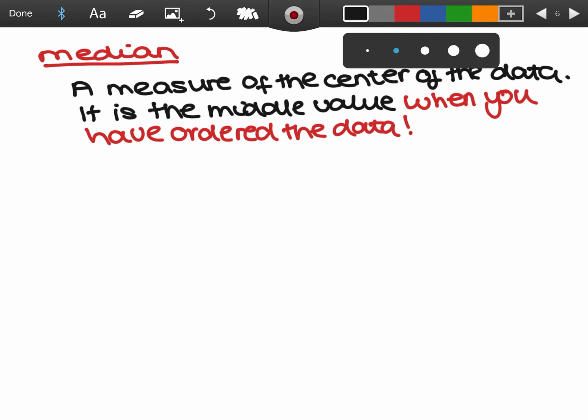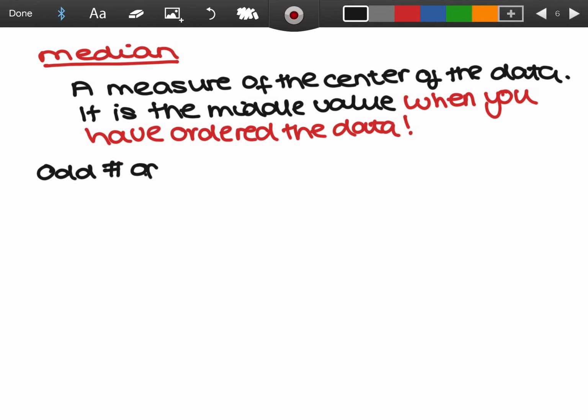Make sure that you do order the data. Again, it's very important when calculating the median. Now there are two things you have to be aware of here, and that is whether you have an odd number of data points or an even number of data points. If you have an odd number of data points, then you can actually find a middle value.